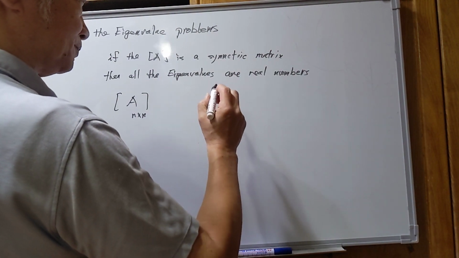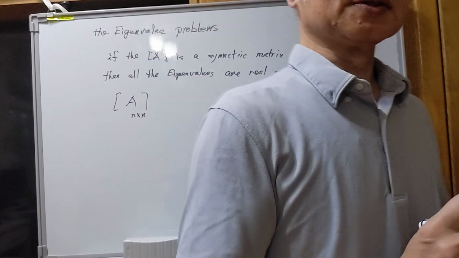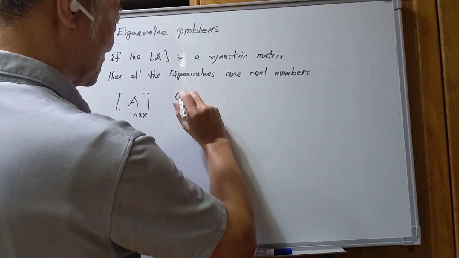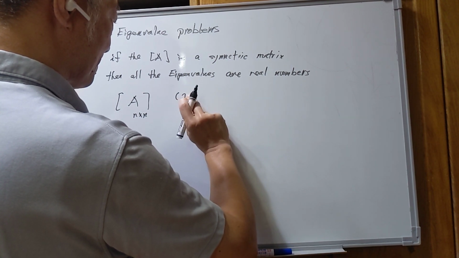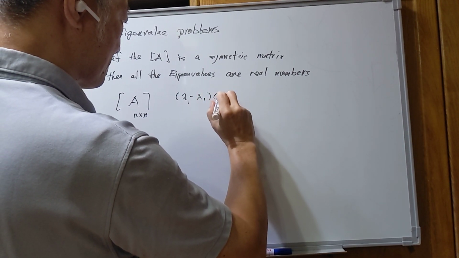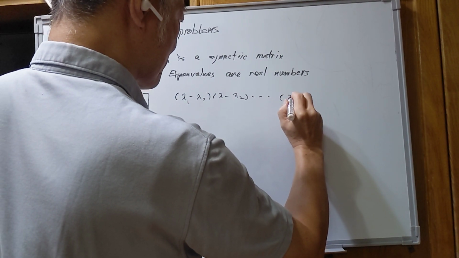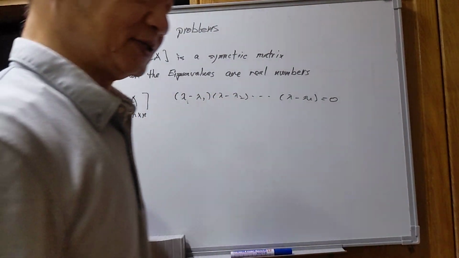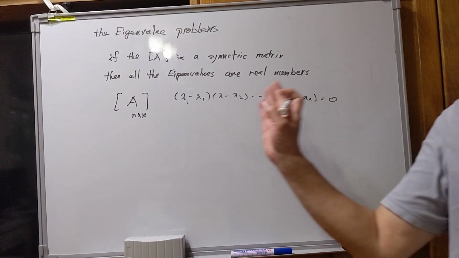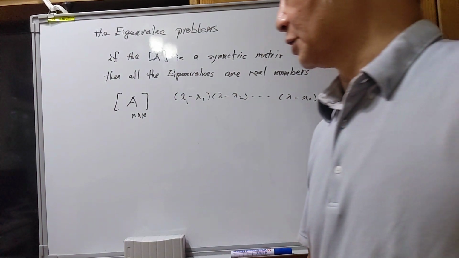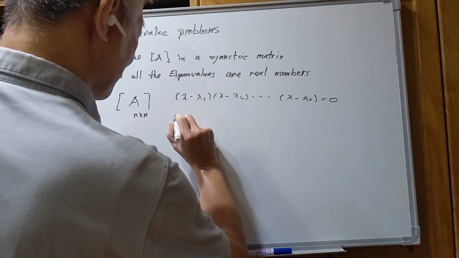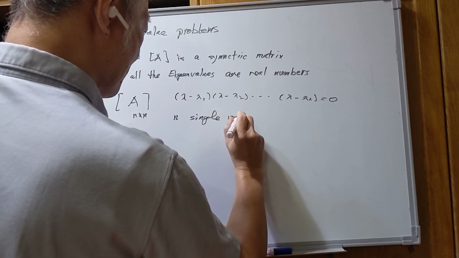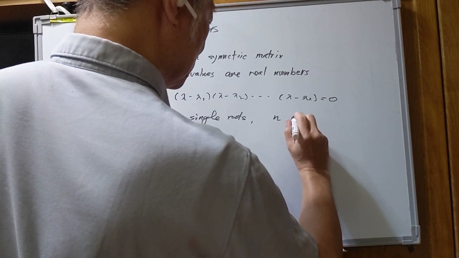And if all the eigenvalues are single solutions when we solve the characteristic equation, it means we got n single roots.